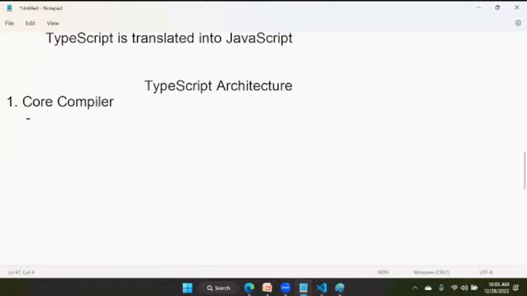Babel and V8 are all JavaScript compilers. JavaScript is interpreted and compiled, and TypeScript is only compiled. And what is the role of the core compiler? Can you tell what happens in a compiler?